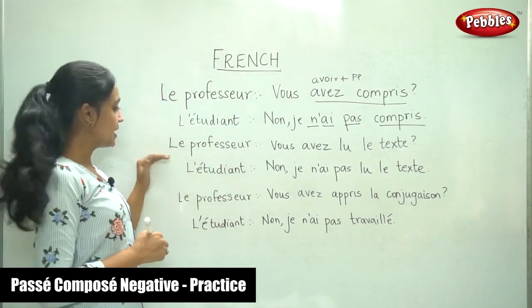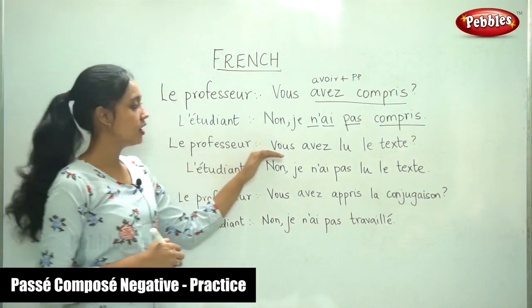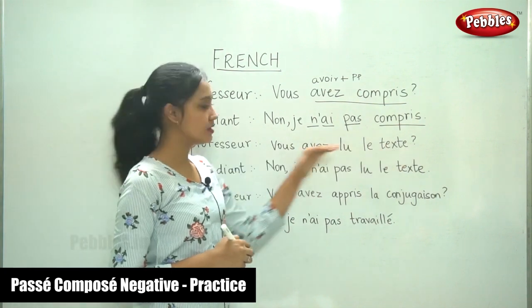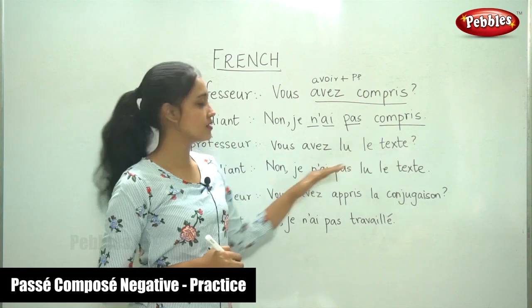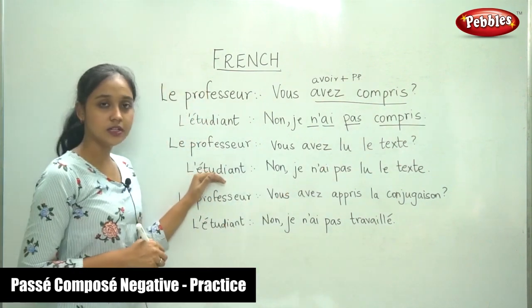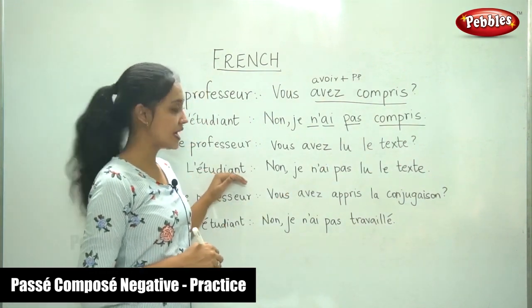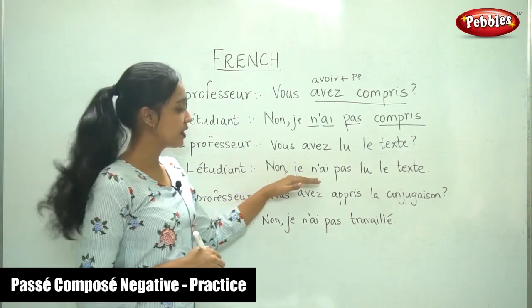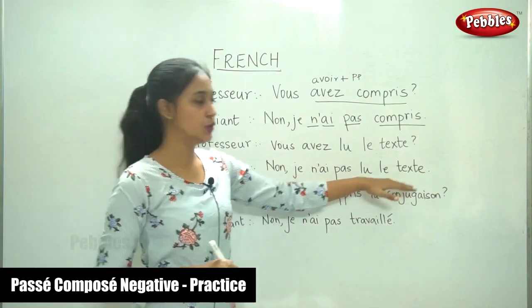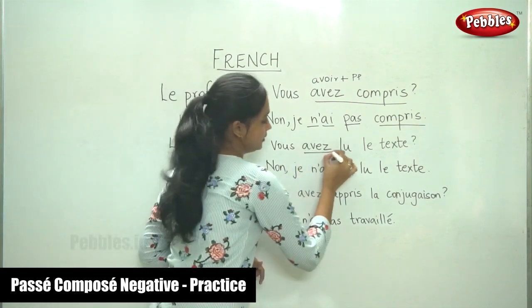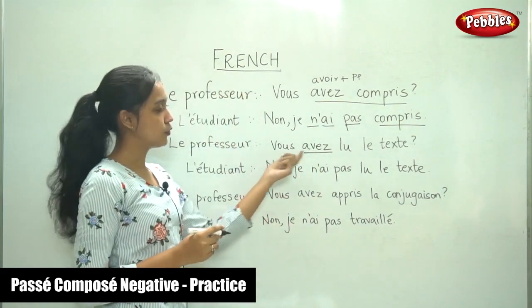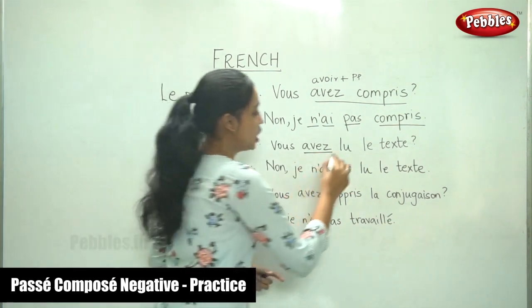Moving on to the next, le professeur. Vous avez lu le texte? Have you read the text? L'étudiant. Again, the student has to say no. Je n'ai pas lu le texte. Here, avoir, for vous it is avez.